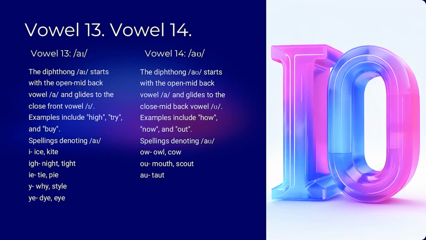We also have it in IE words, where we have tie and pie. We have Y in style, and then we have die and high. The next vowel we have here is the vowel /aʊ/.